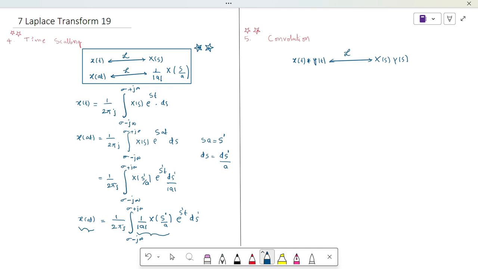So for example, the problem: one LTI system is given.